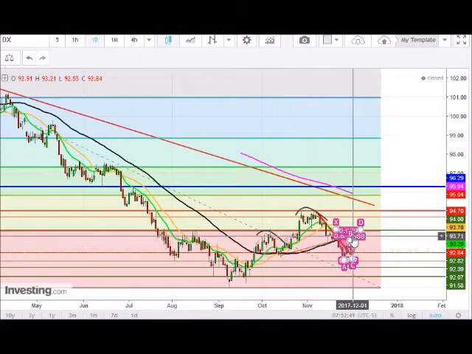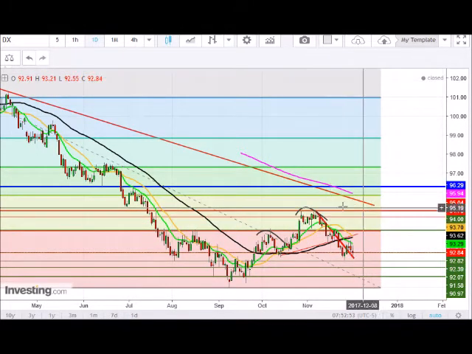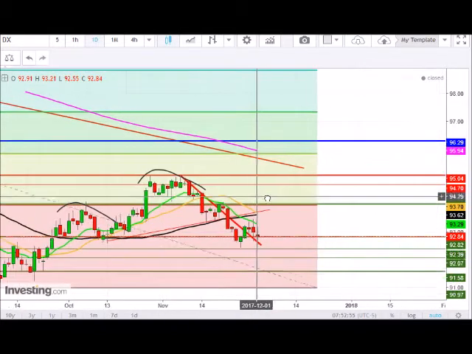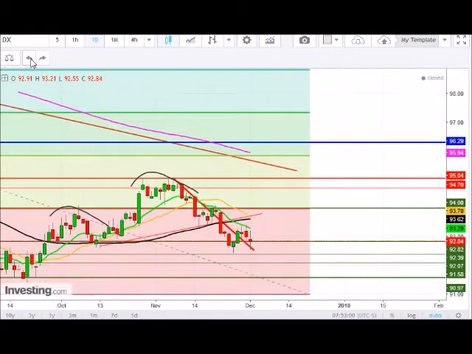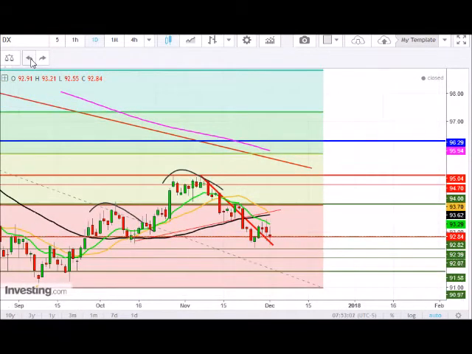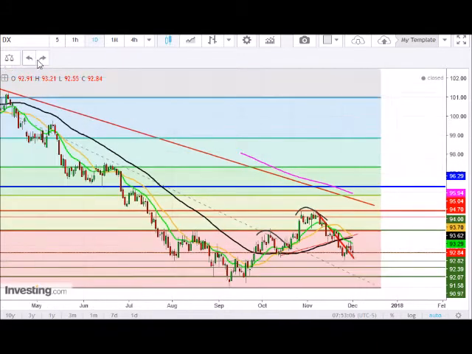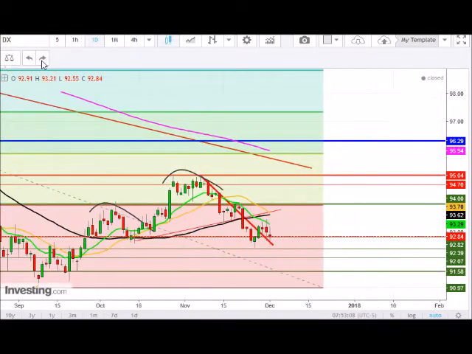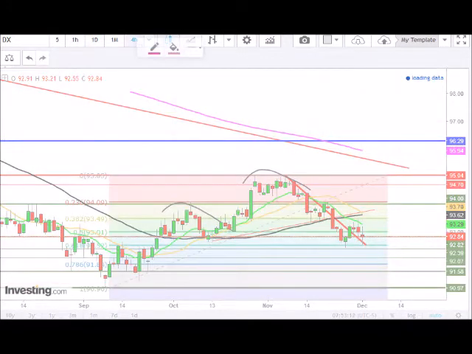So if I am to get rid of this and zoom back in, actually I should put that back. I guess it's not going to give it back to me now. Okay, we've got a 4-hour. I'll make that again.